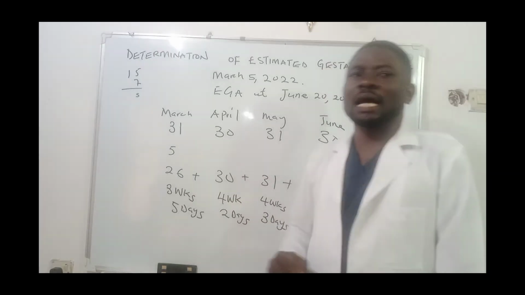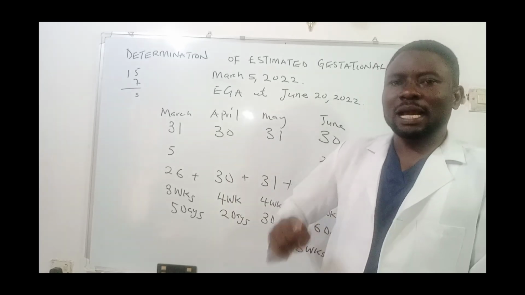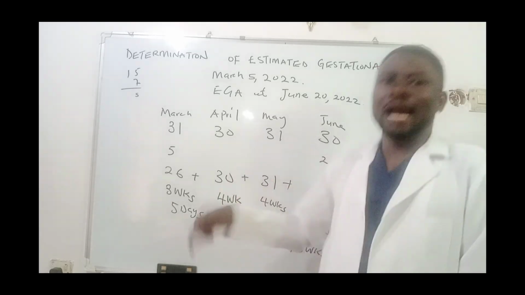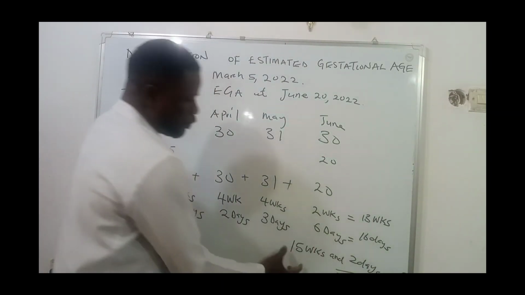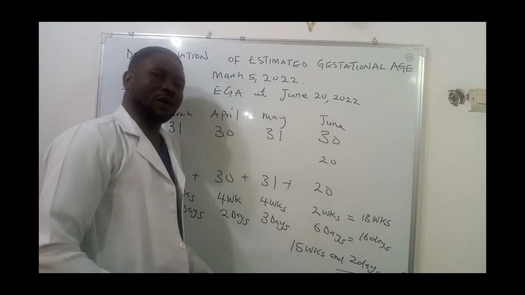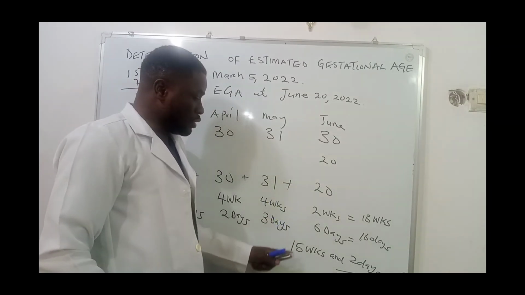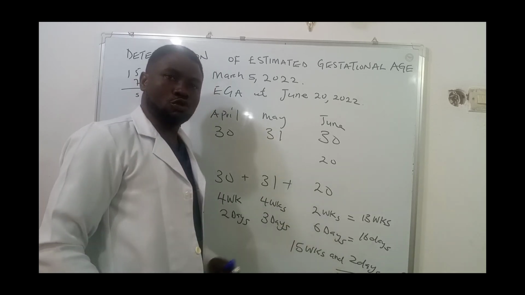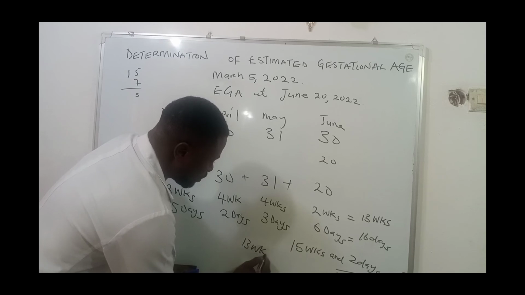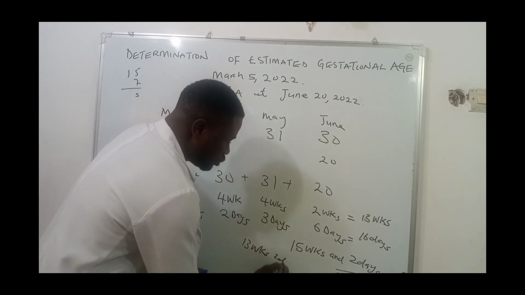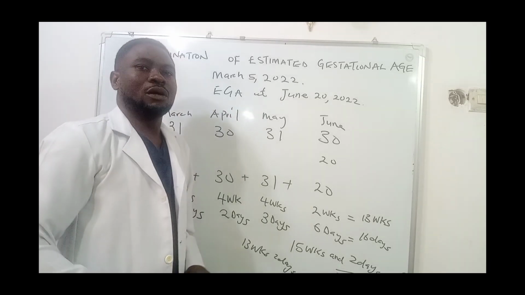It therefore means that the age of the baby in the womb would likely be 2 weeks behind the gestational age. So if gestational age, for instance, is 15 weeks and 2 days, and you want to find out the age of the fetus in the womb of that woman, you take 15 minus 2 weeks, and that of course will be 13 weeks. We have 13 weeks and 2 days. That will be the age of the baby in the womb of that woman.